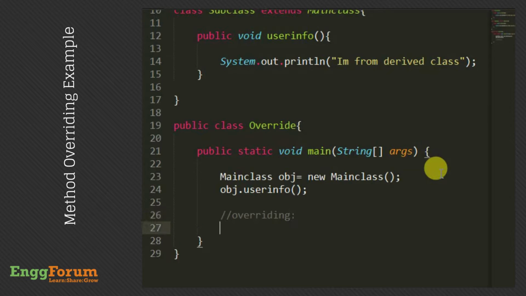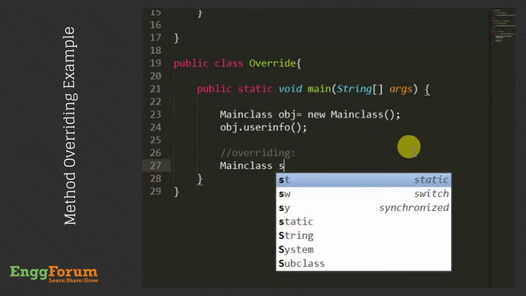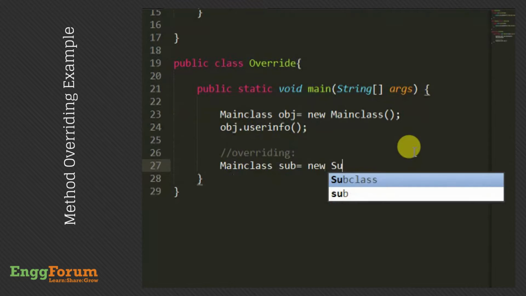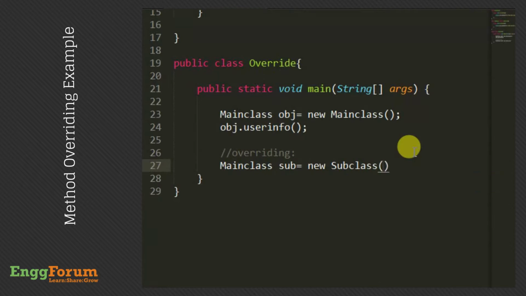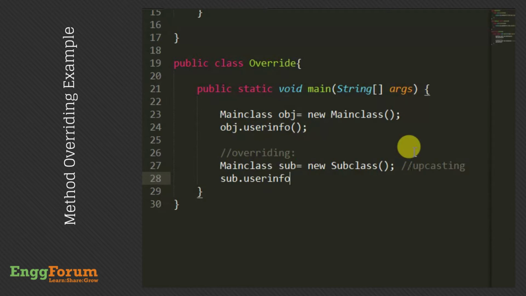First, create an object for the child class. Assign it as a reference variable of MainClass. We have the syntax MainClass followed by the object name equals new SubClass. Next, invoke the method user_info using the object sub.